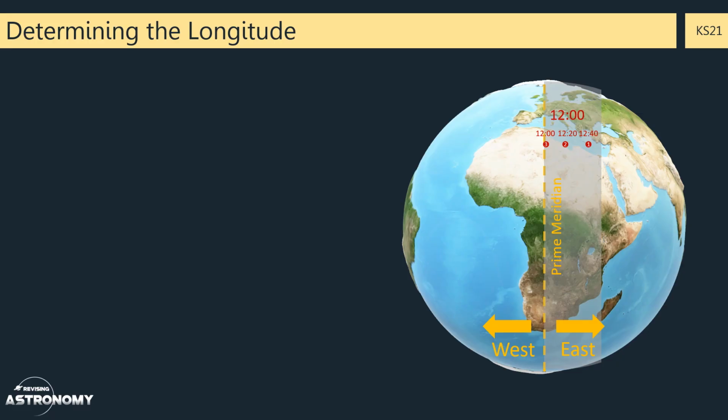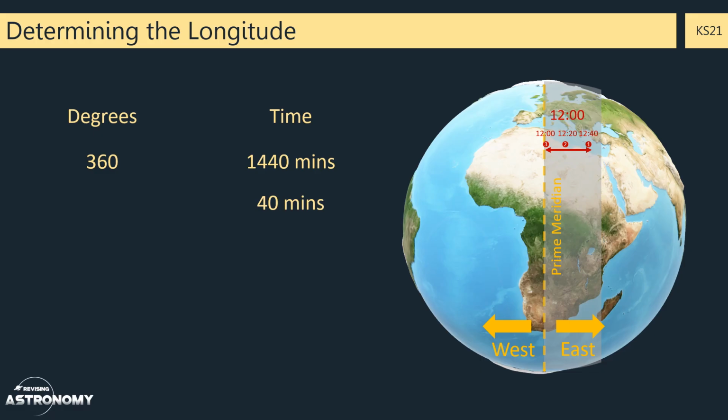Now let's take our points from earlier but look at them in a bit more detail. If we wanted to work out how far point 1 was from point 3, then we could use more precise measurements of time based on measurements from the sun. Here we can see that there are 40 minutes between them. We can use this to work out how many degrees of longitude separate them. Now we know that to travel 360 degrees takes 24 hours.